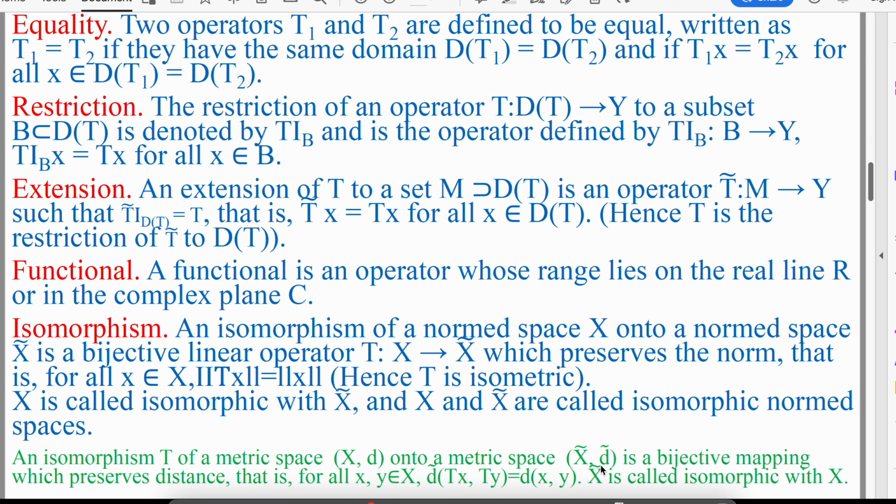In this case, X bar is called isomorphic with X. In the case of metric spaces, we say that it preserves the distance, and here in normed spaces, we say it preserves the norm, meaning norm of Tx equals norm of x. Although we know how to define a metric in normed spaces, both these definitions are equivalent.